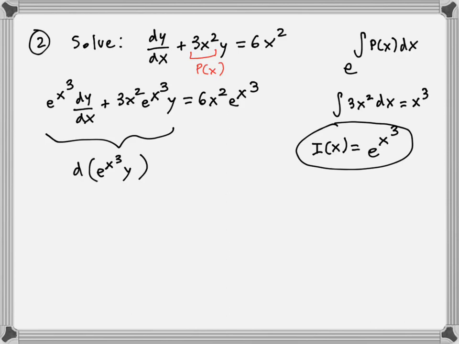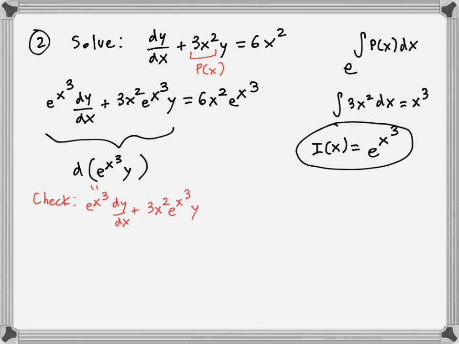Now, is that actually true? I'm not always going to do this, but I would recommend always checking to see if this is actually true. The derivative of this guy is equal to the first times the derivative of the second plus the derivative of the first times the second.